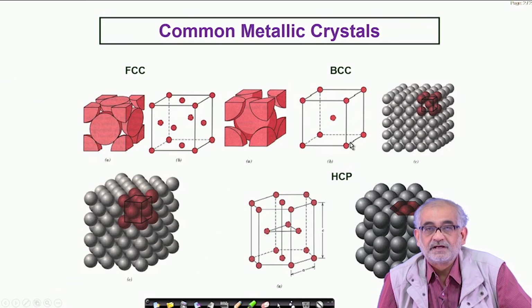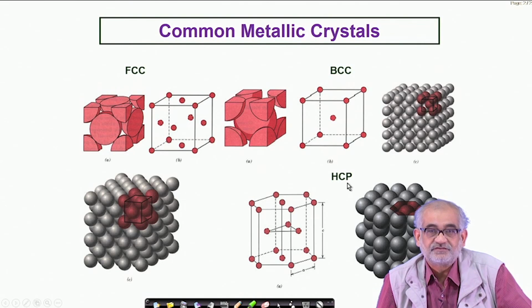But here is a little distinction that we need to understand: when we talked about the 14 Bravais lattices, we did see hexagonal, but there was no mention of hexagonal close-packed. And this is exactly what explains the difference between the Bravais lattices or crystal lattices and crystal structure.